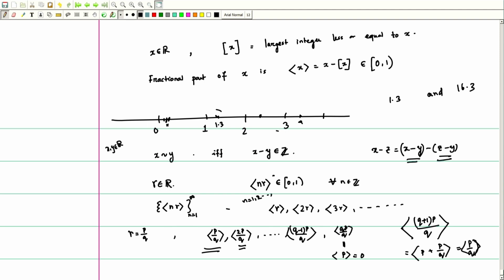Now, what about if gamma is irrational? If gamma is irrational, then suppose the fractional part of n1 gamma is equal to the fractional part of n2 gamma. Can this be possible?